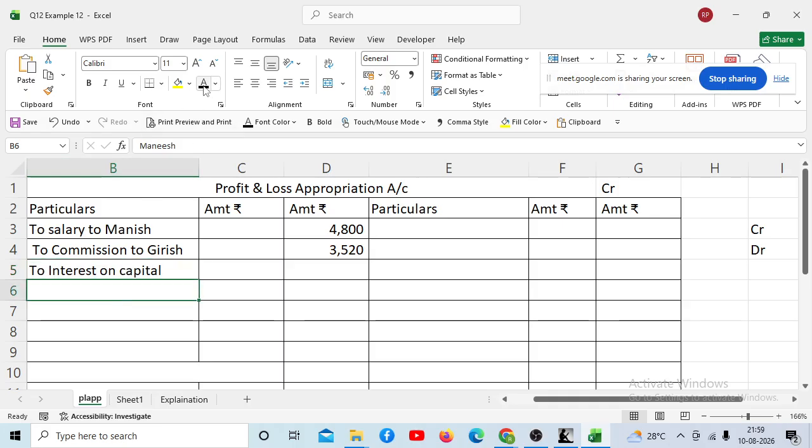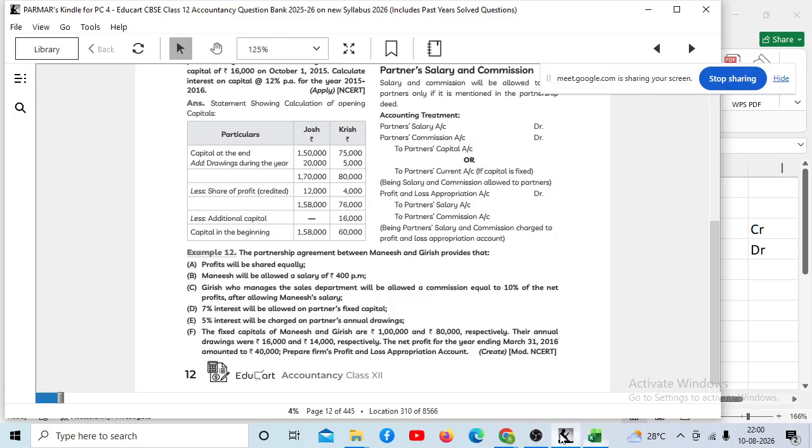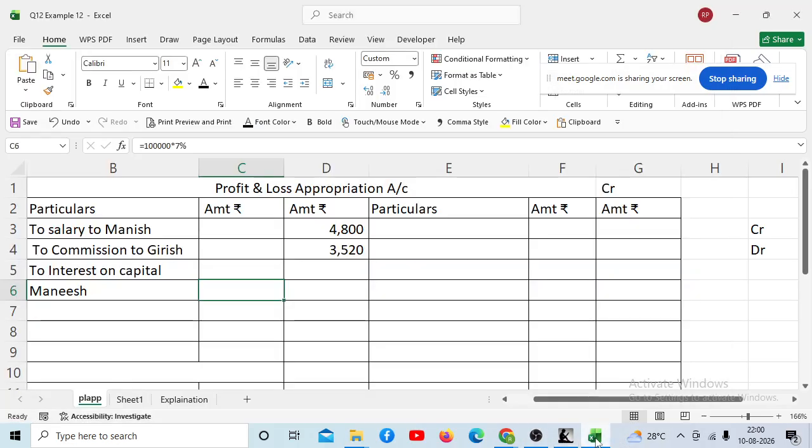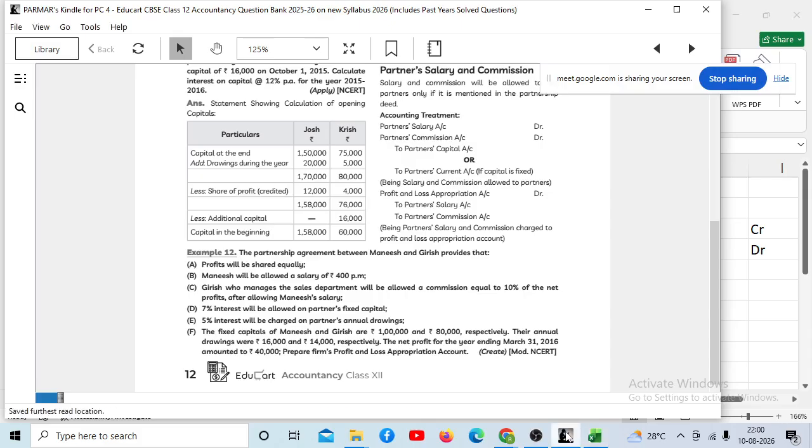The first partner is Manish. What is Manish's capital? It is 1 lakh. On 1 lakh calculate 7%. So how much will it be? 7,000. Now who is the second partner?